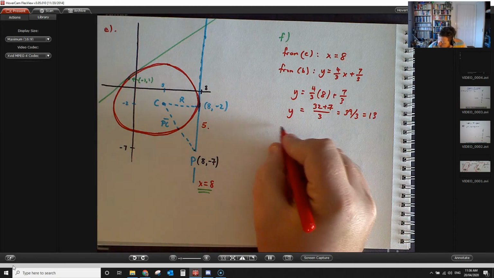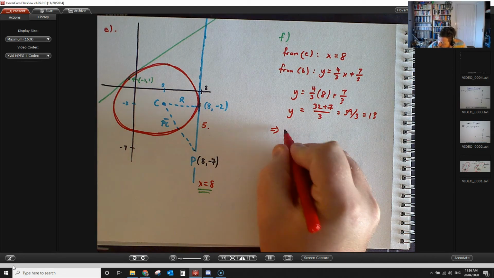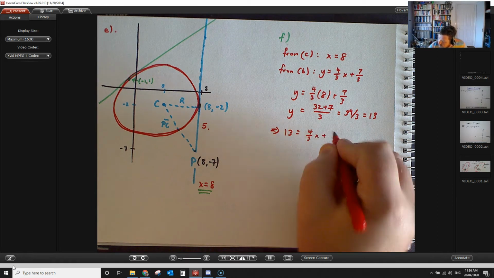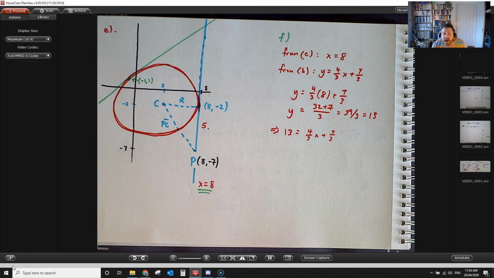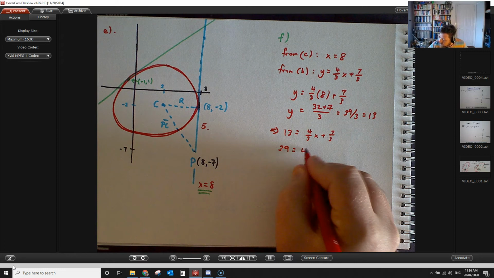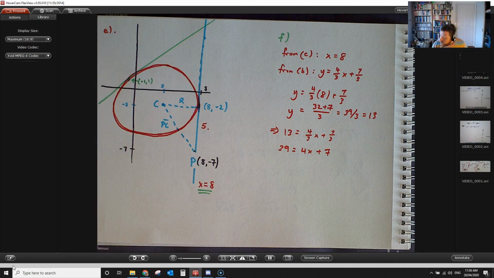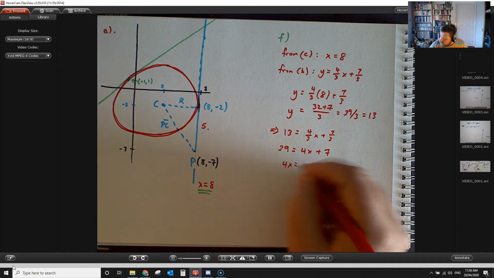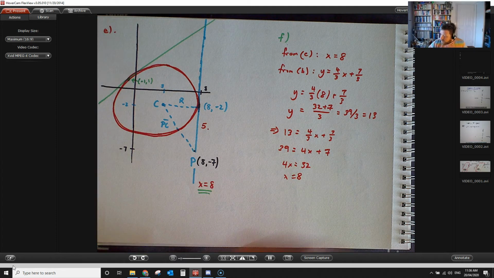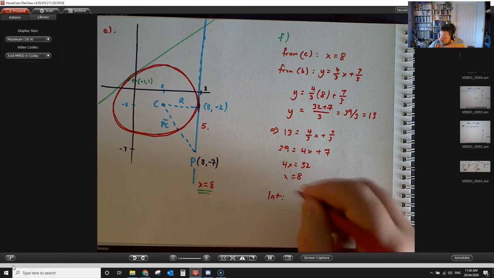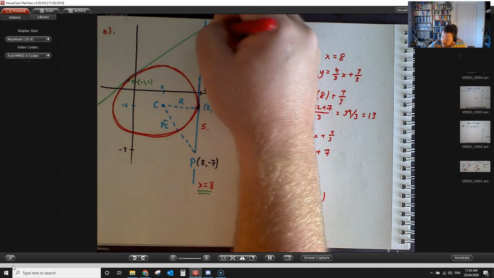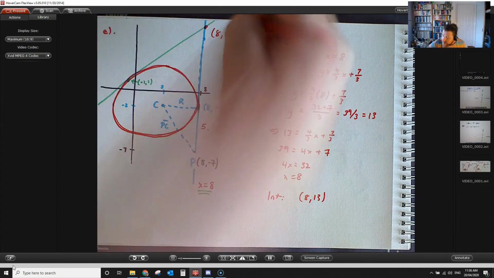So we get 13 equals 4/3 x plus 7/3. I'm going to multiply through everything by 3 to make things a bit easier. 39 equals 4x plus 7. 4x equals 32. x equals 8. So our intersection is going to happen at (8, 13). And we are done.